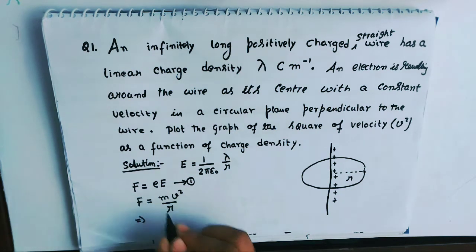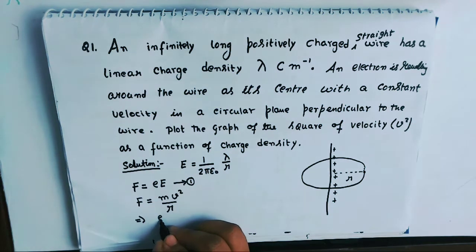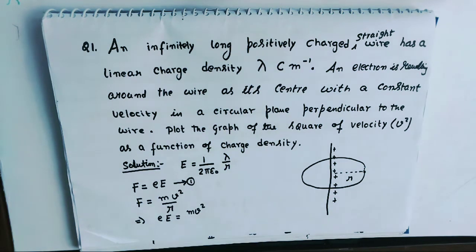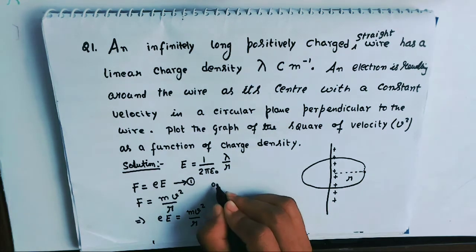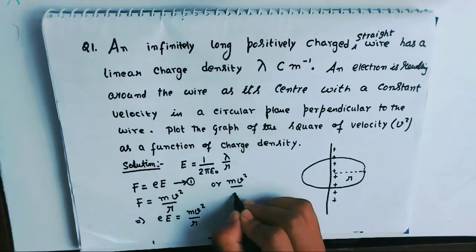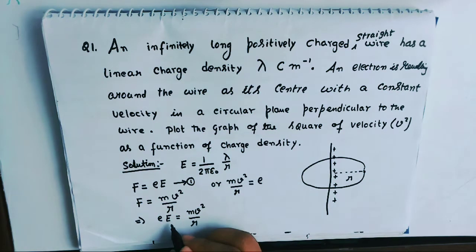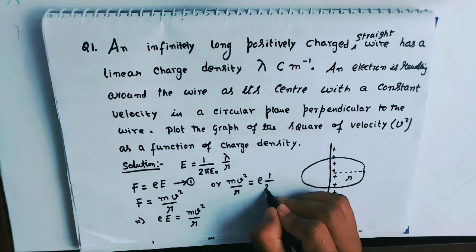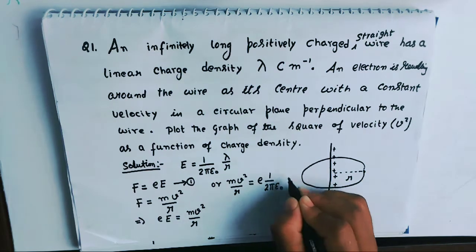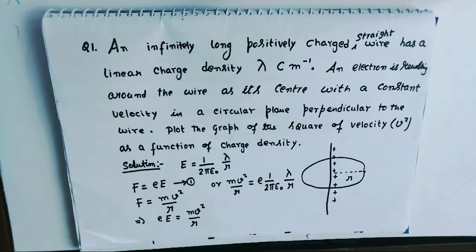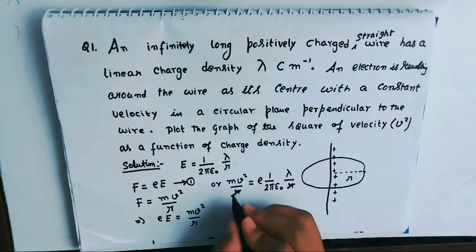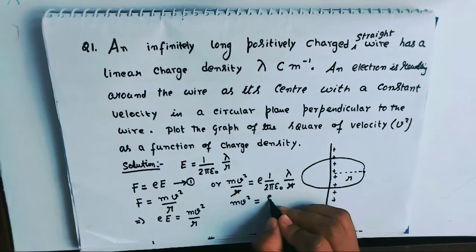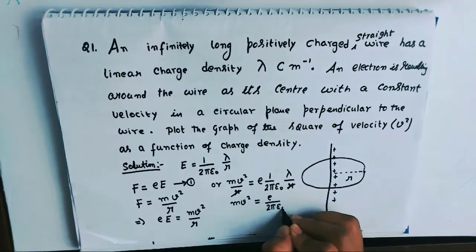So if we equate these two forces, we can write F equal to eE equal to mv square divided by r, or mv square divided by r is equal to eE. Instead of capital E, I will put 1 by 2 pi epsilon naught lambda divided by r. Suppose this r gets cancelled. So here we can write mv square is equal to e lambda divided by 2 pi epsilon naught.